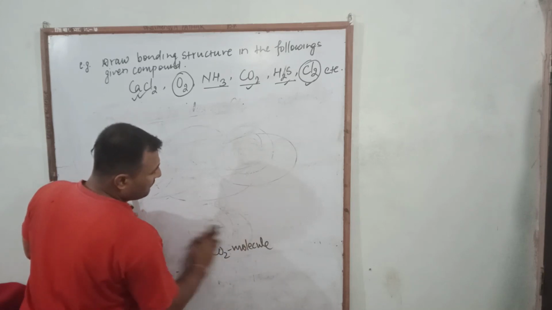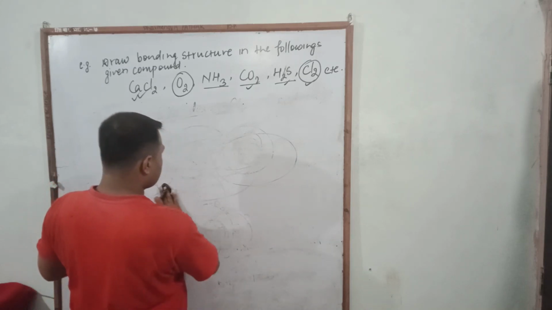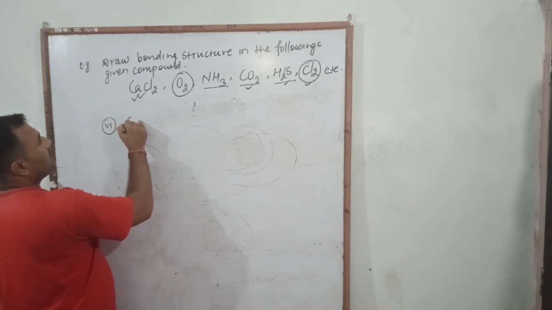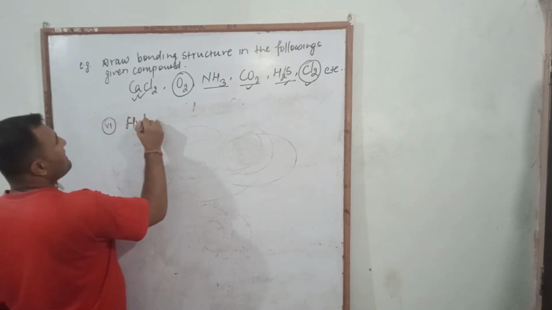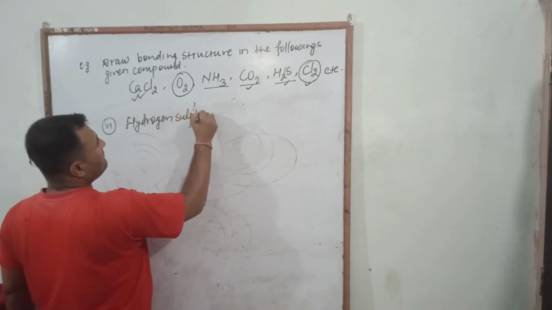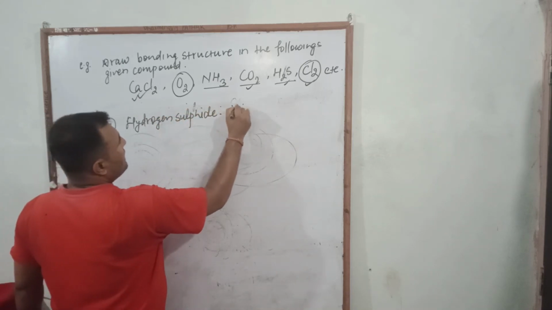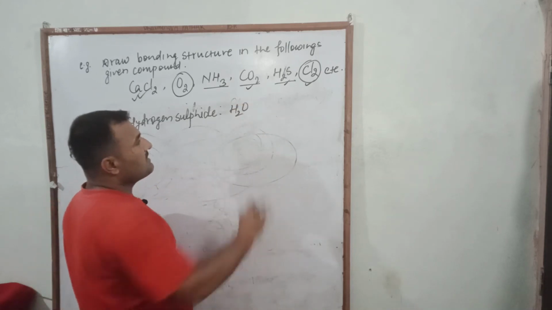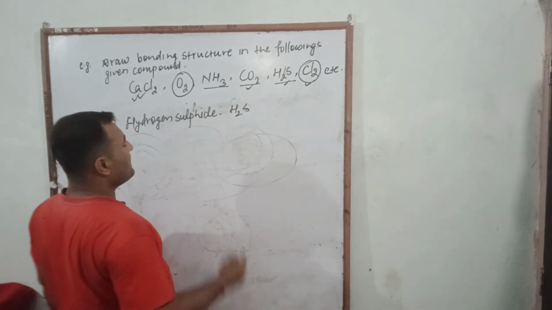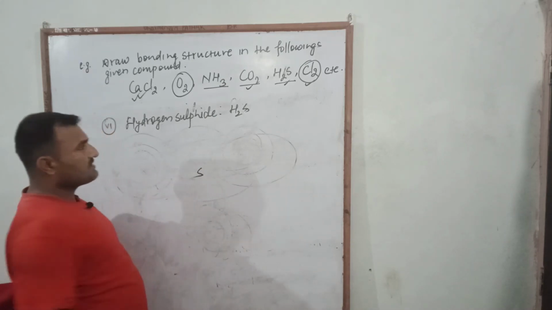Hydrogen and sulfur both are non-metals, so which bond is formed here? First we write the name hydrogen sulfide, H2S. Both are non-metals, therefore the bond formed is a covalent bond, and the central atom is sulfur.